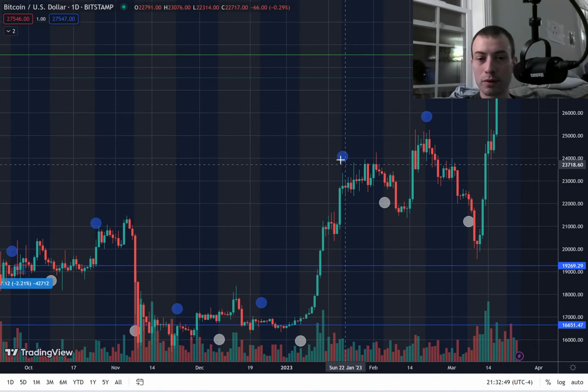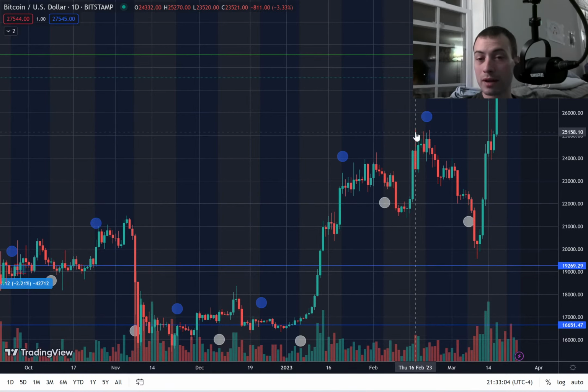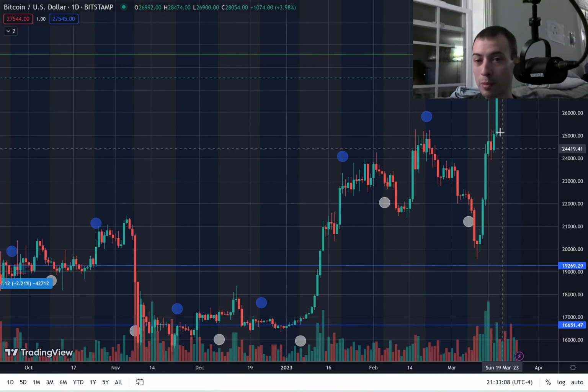And overall, it can be kind of a lagging indicator. It's not exactly perfect, but generally when it turns blue, the price will go down. And generally when it turns gray, the price will swing back up again. Blue, swing down, gray, swing back up, blue.